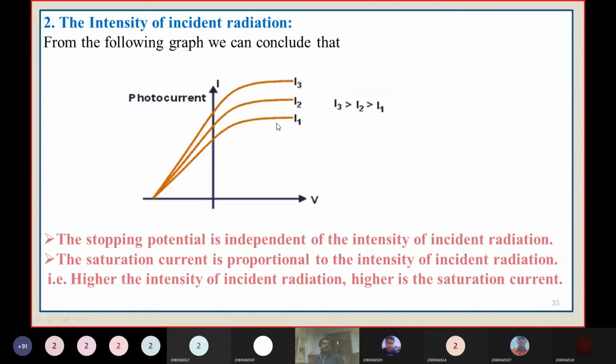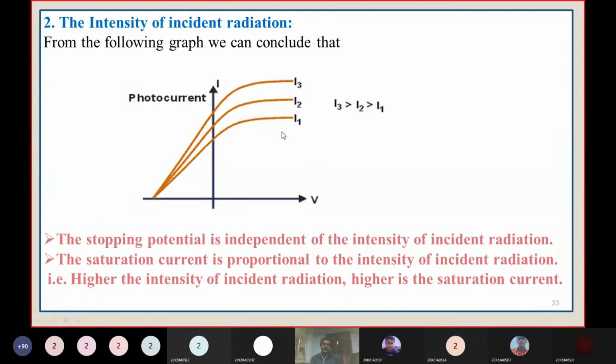Intensity is the number of photons passing through a unit area. If you increase the intensity of the light, more photons are incident on the metal plate. That's why more electrons are ejected.